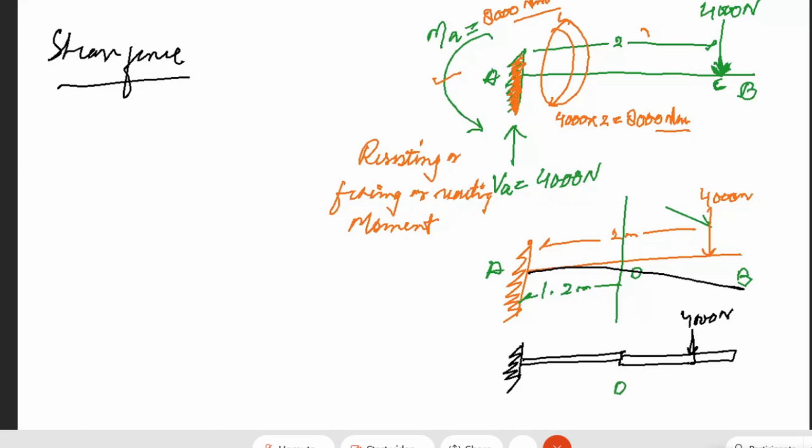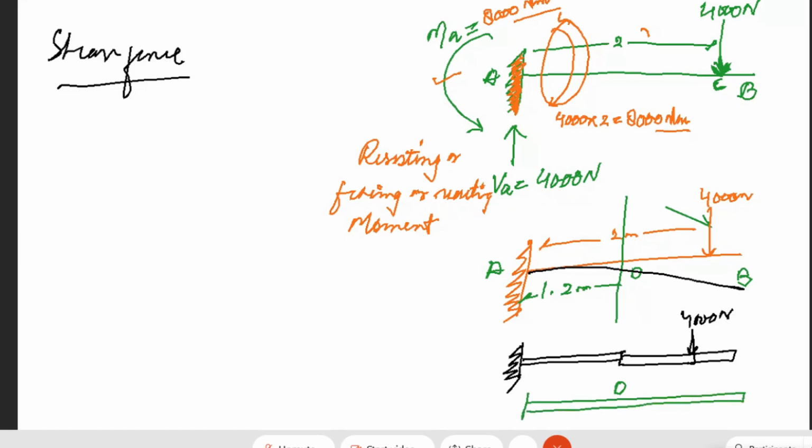This has the ability to get sheared off into two parts actually, right? Because of this load, and that shearing force, how much will be the value of the shearing force? Can anybody tell me? What will be the value of that shearing force at point D?